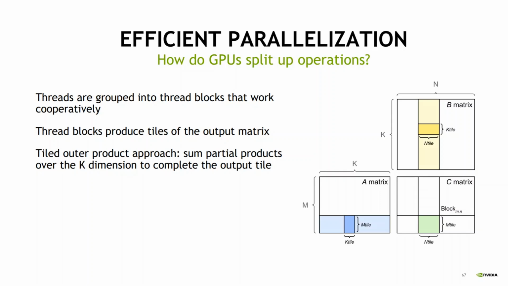For example, we have green tile with the size m by n. And for each tile, we are going through corresponding regions in input matrices A and B that contribute to that tile. And using this tile, we can parallelize our computations on our SMs. Again, we will divide matrix into small tiles and we'll load them to the SMs to compute in parallel.